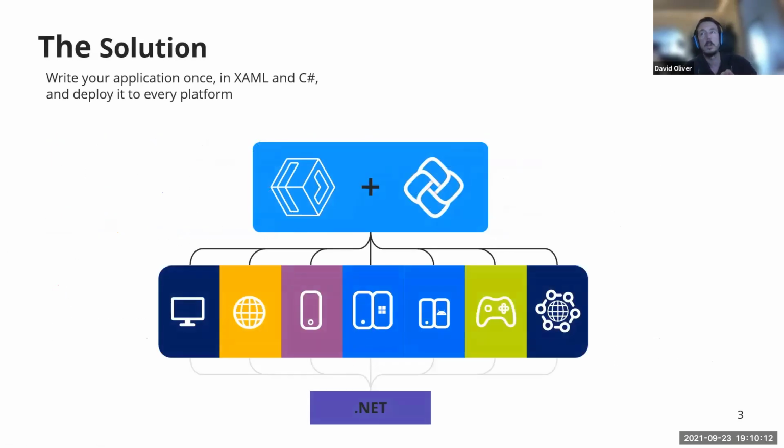So the solution that Uno platform offers is to be able to write your application once using C# and using XAML markup, and deploy that single code base on every one of the platforms that I mentioned. So it's a .NET application on every one of those platforms.